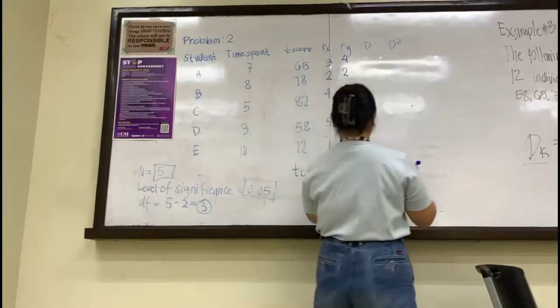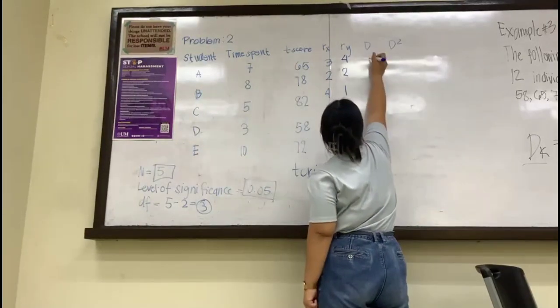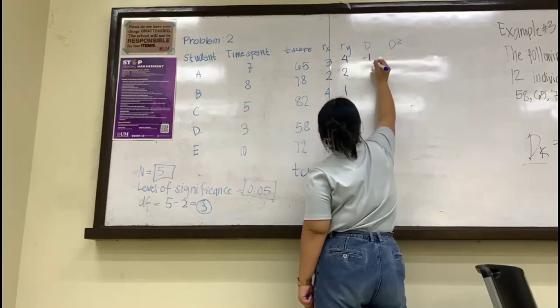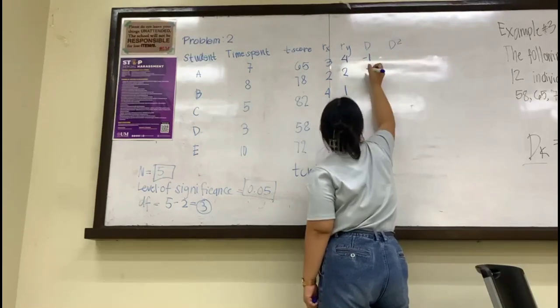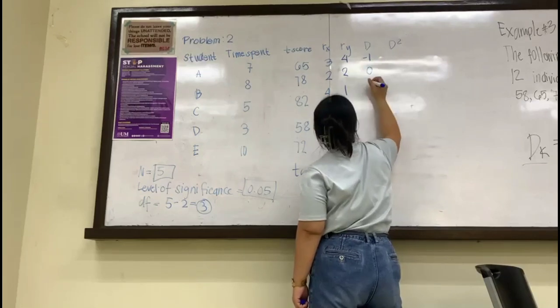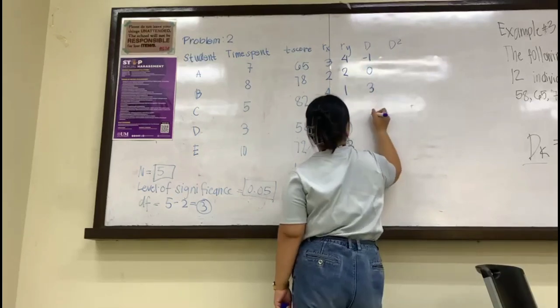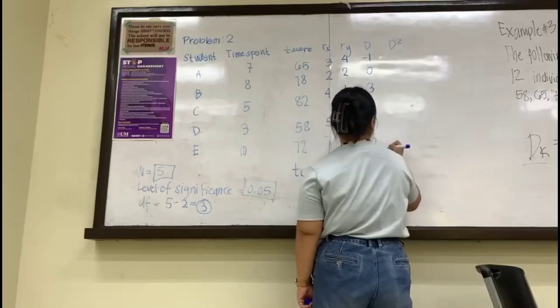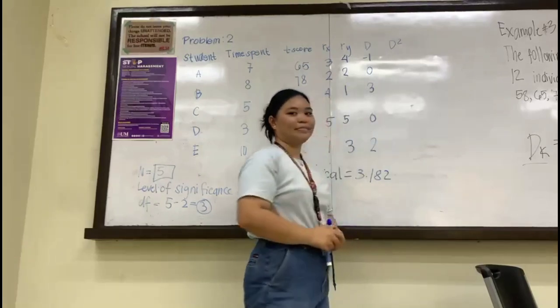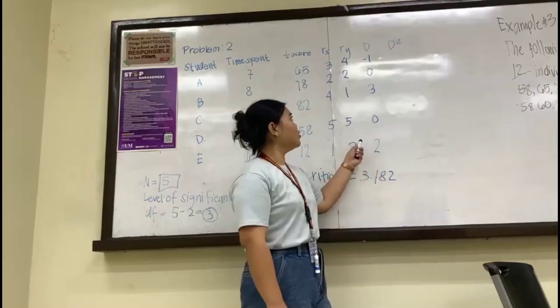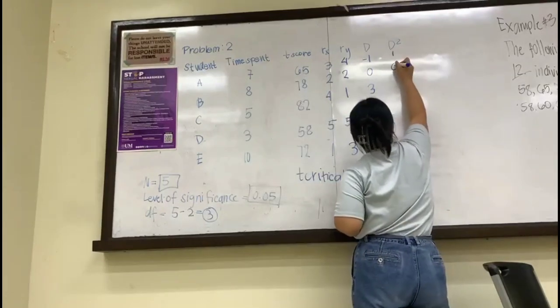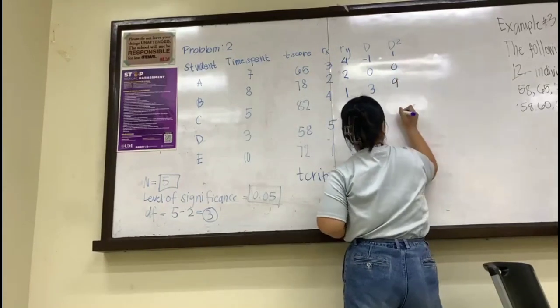So 3 minus 4 is equal to -1. Let's square our answers: 1, 0, 9, 0.